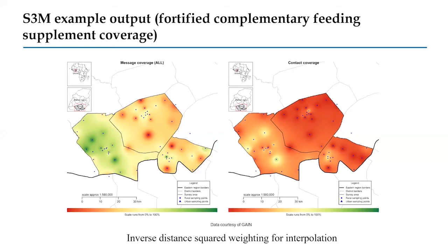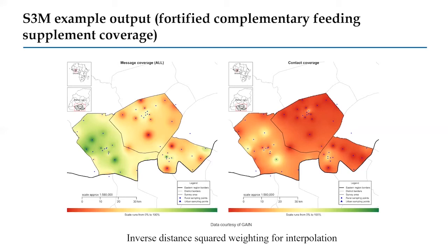And the right hand is the contact coverage. And we can see that message coverage is quite patchy, and contact coverage is also rather patchy. And in the central northern district of this region, contact coverage, which is actual use, they've used this product this week 3 times, is not very good.